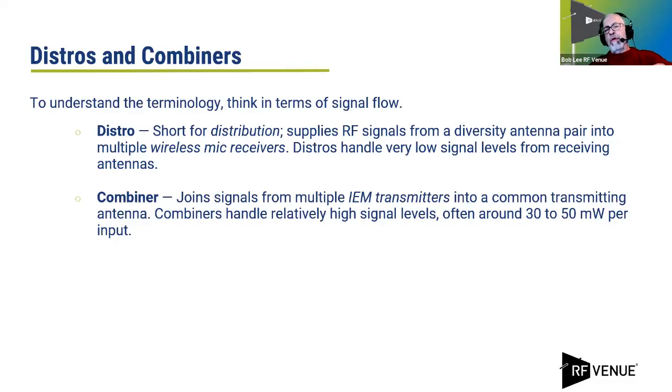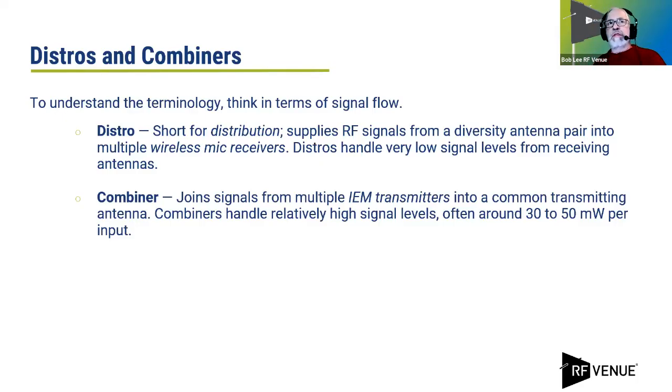Now, combiners are taking in-ear monitor transmitters, which are relatively high power, which is 30 to 50 milliwatts typically per input. And really, that's not really high power, but compared to what distros handle, it's a significant signal level. Okay, so that's really the difference.